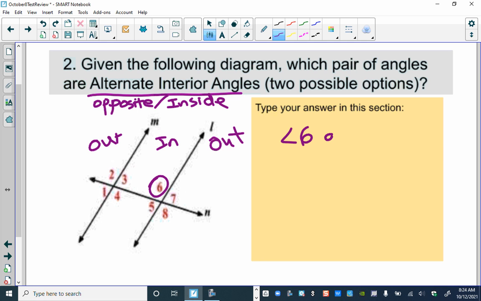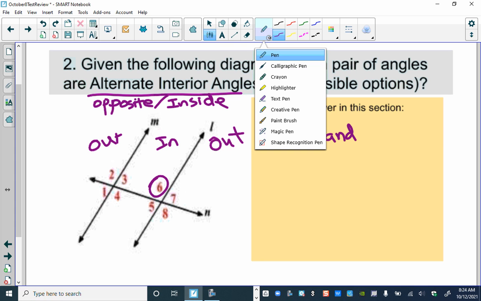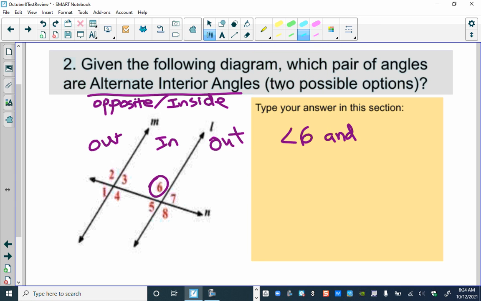Now, which other angle is opposite of this transversal line? It's going to be 4. Four would be the one. What other pair would work besides 3 and 5?